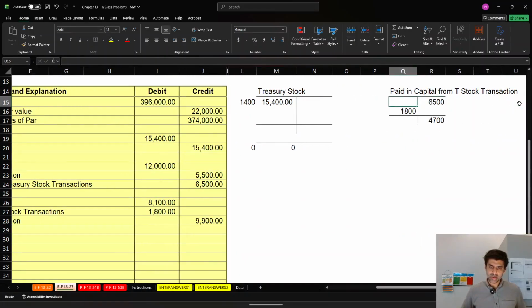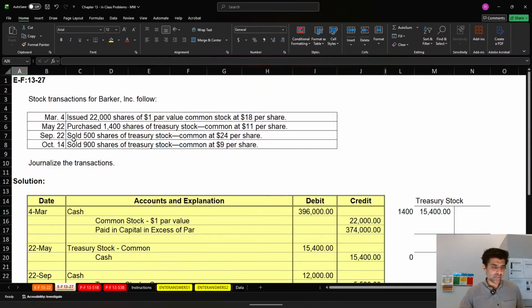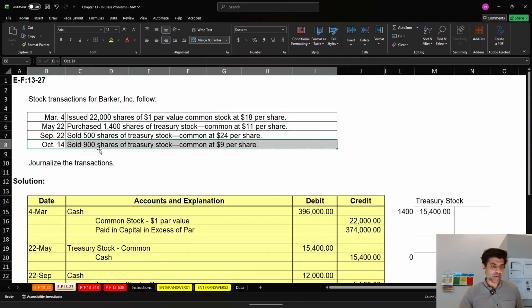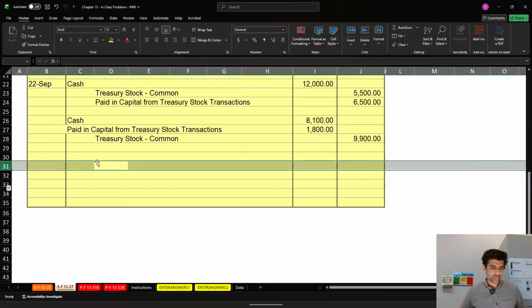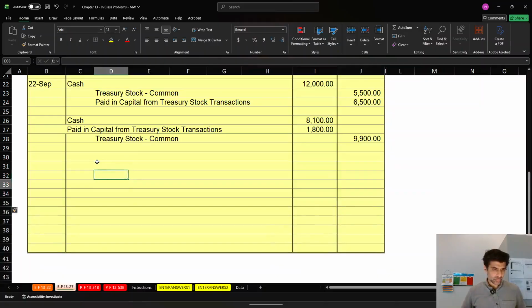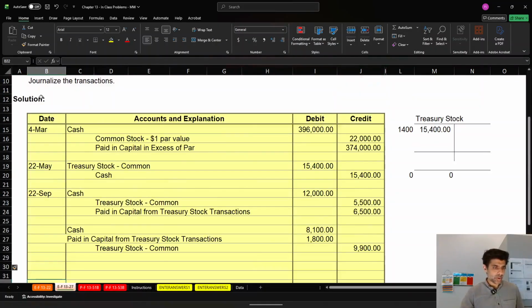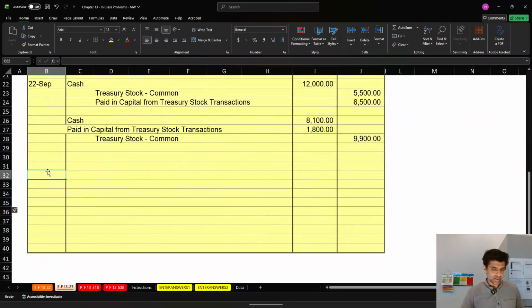Okay. And let's see how it's going to change what we do. So if we first had this transaction happen, sold 900 shares for $9. It's going to happen on September 22nd, where this is going to be unchanged.